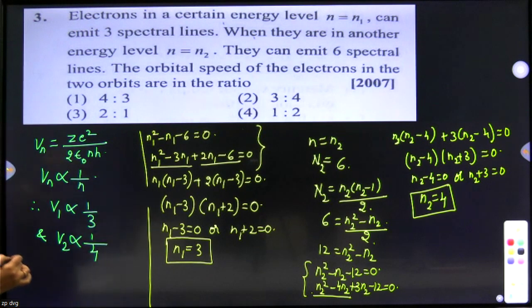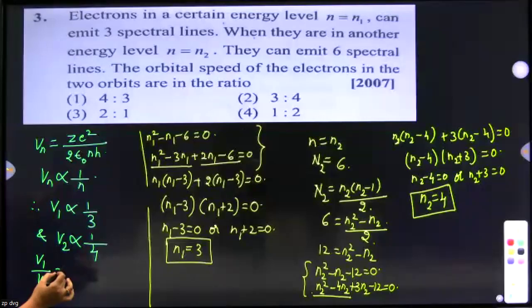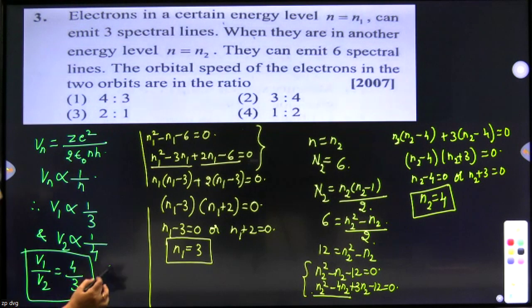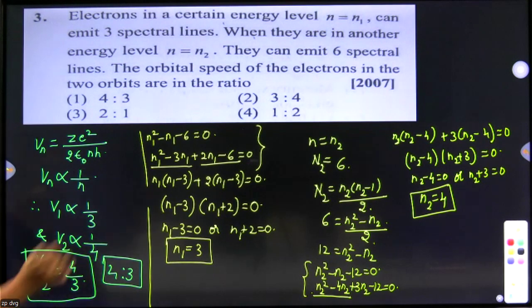Considering V1 by V2, we get 4 by 3. 4 by 3 is the answer. That means 4 is to 3 is the answer. That means first one.